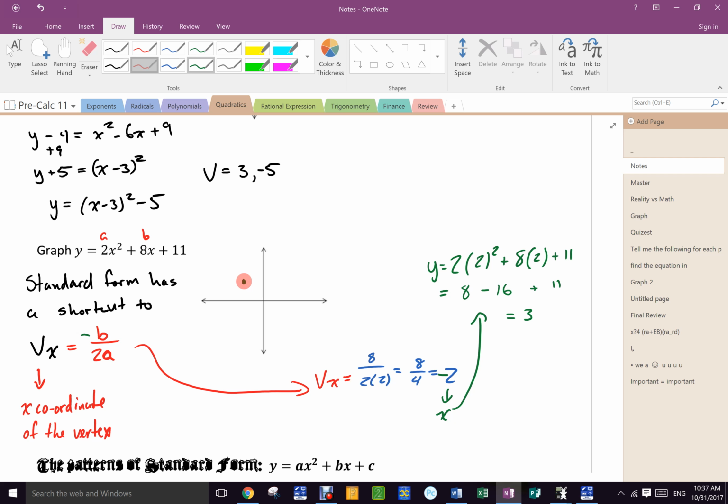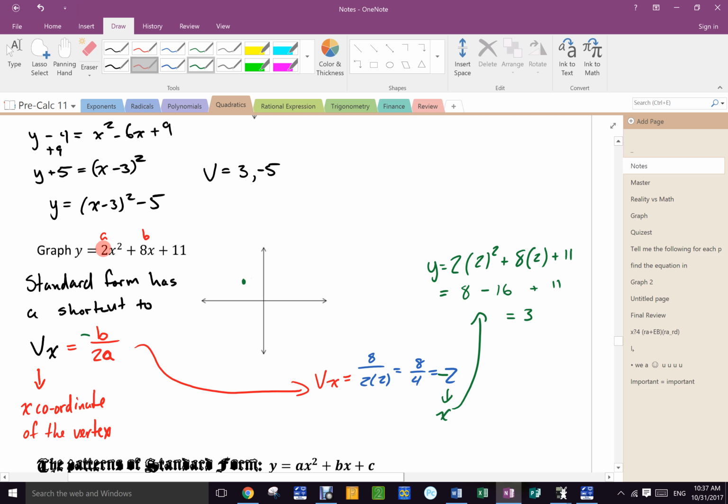All parabolas follow what pattern? Over 1, up 1, yes? Unless there's a stretch, yes? What letter represents the stretch?